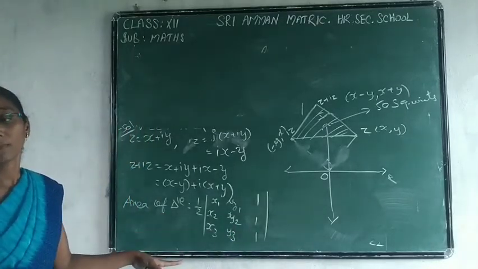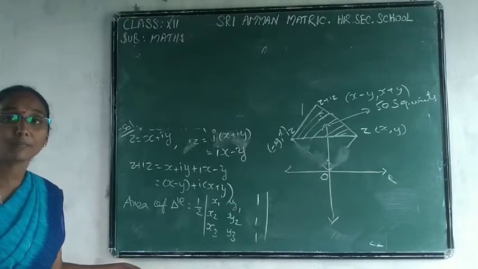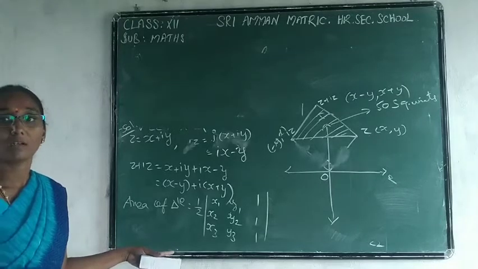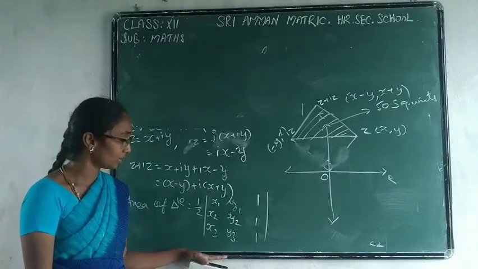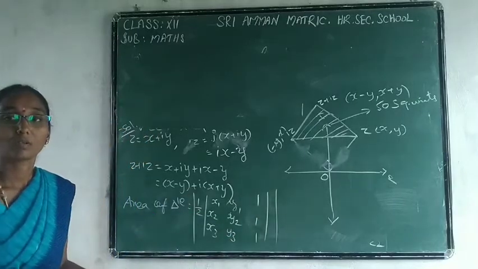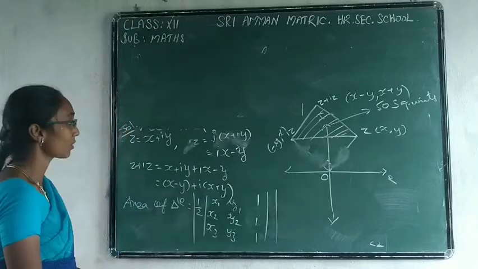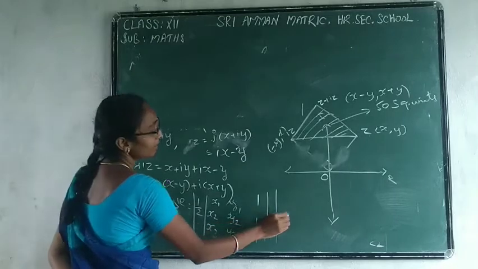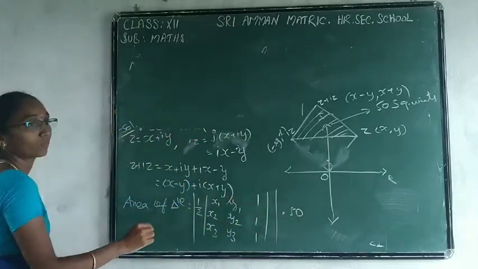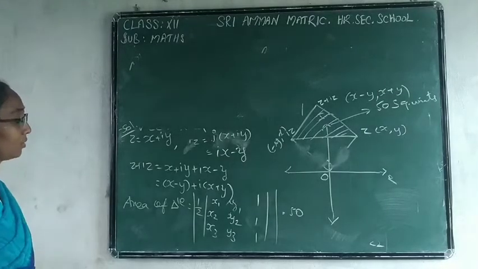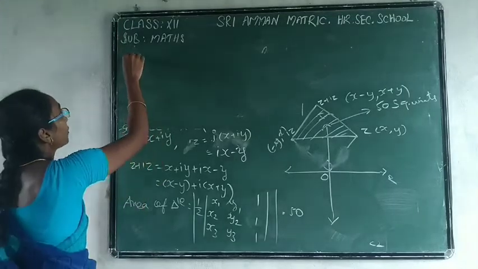Okay. This formula you already studied in which chapter? First chapter, the last exercise. You already know this one is half into the modulus. Now substitute the values. This one is given as 50. Otherwise you can easily study it in the 10th formula.